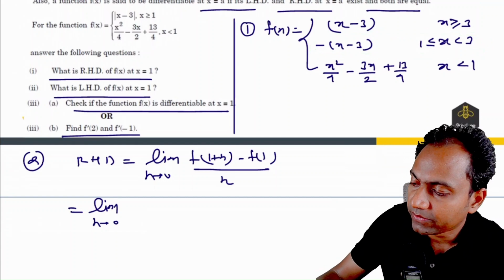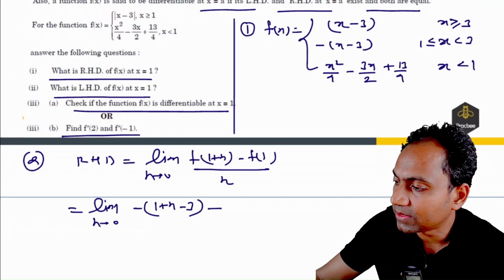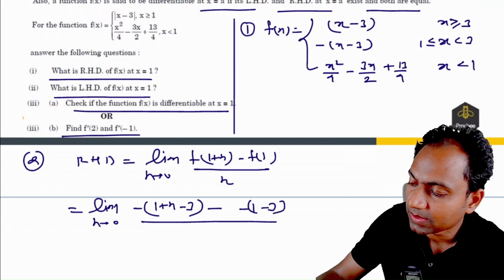So if it goes here, the function I am going to use is minus of 1 plus h minus 3. And if I have to put 1, it will go in the same part. So it will become minus 1 minus 3, by h.